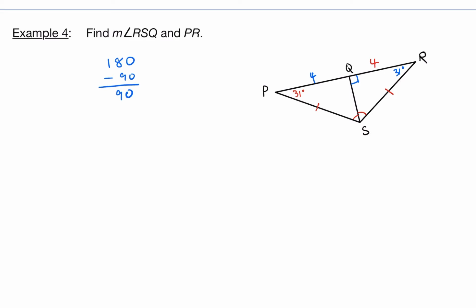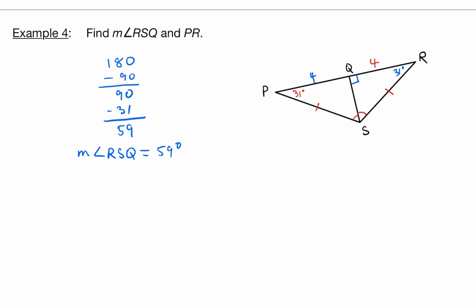Then we also subtract this 31, and that means the angle is going to be 59 degrees. So this remaining angle is 59, which happens to be the angle RSQ. So the measure of angle RSQ is equal to 59 degrees.